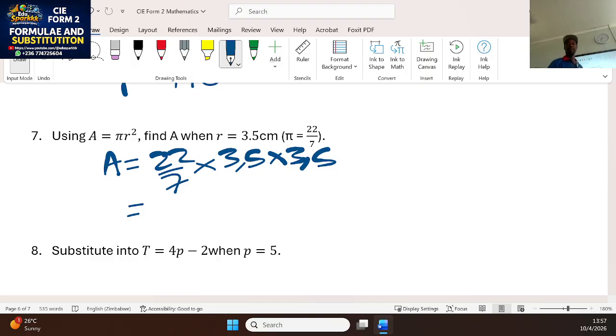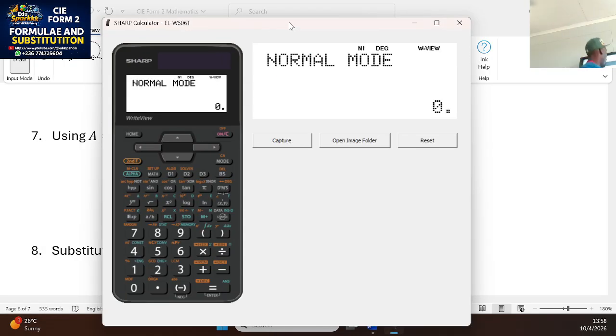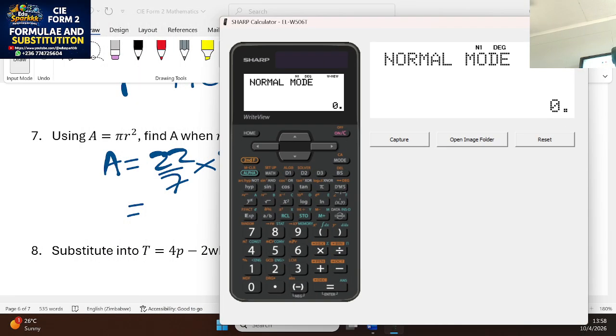Let's see if we can quickly draw a calculator and come up with a solution to that particular problem, because it has a lot of decimal places which might take us time during computations. So I'm bringing the calculator here, and let's see what we have.